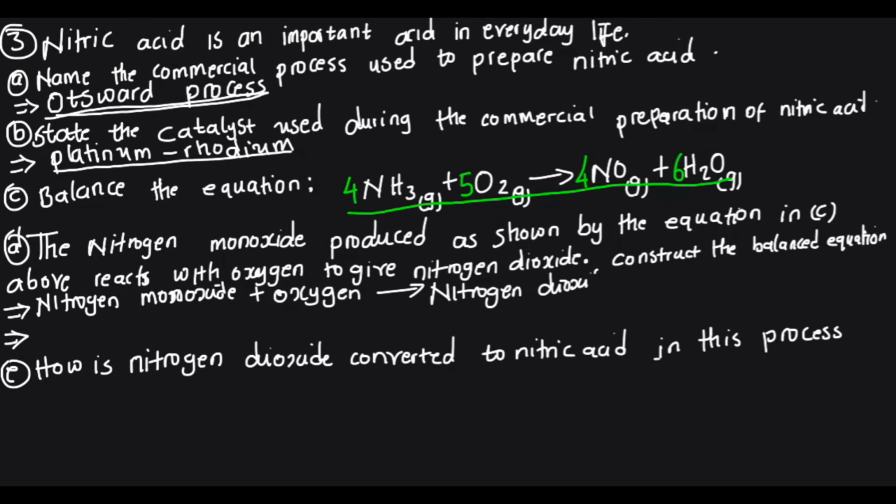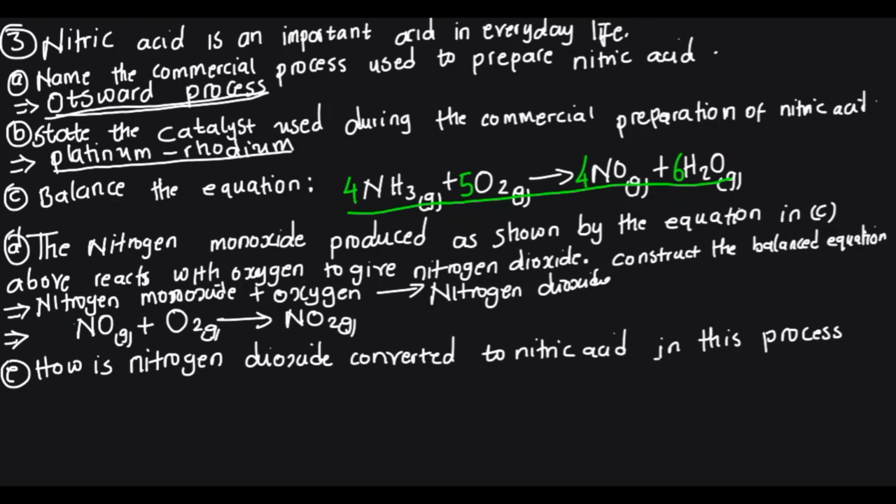So now let's convert this. Nitrogen monoxide is NO gas plus oxygen gas, then we have nitrogen dioxide like this. So let's try to balance it. We can see that here we have 3 atoms of oxygen, then here we only have 2.